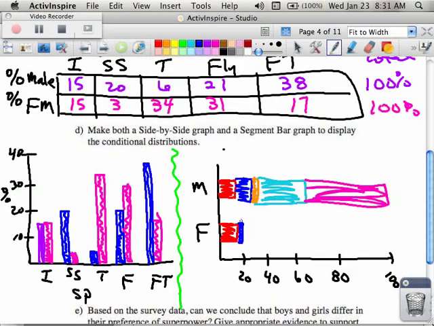Telepathy is huge, it's 34, so now I'm at 52 total. Somewhere around there. And then another 31 for the flying. And 17 for the freeze time.